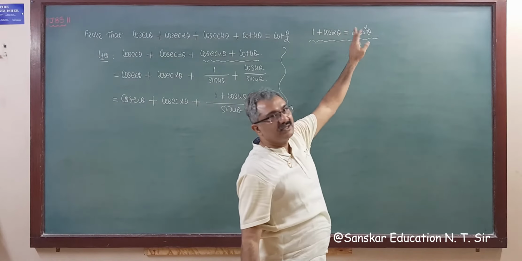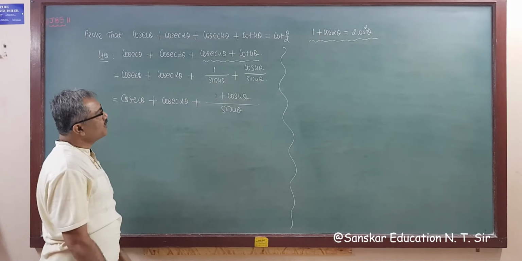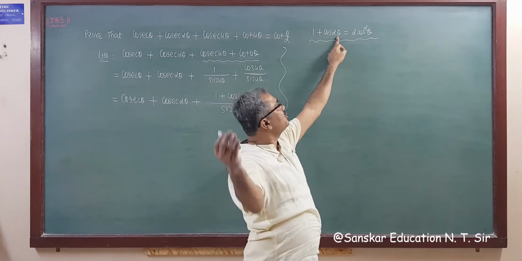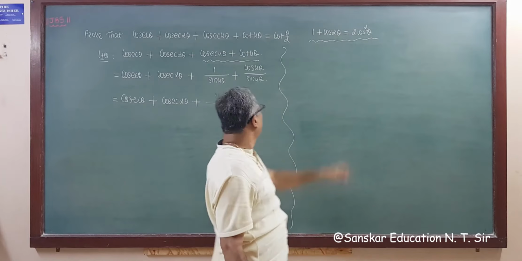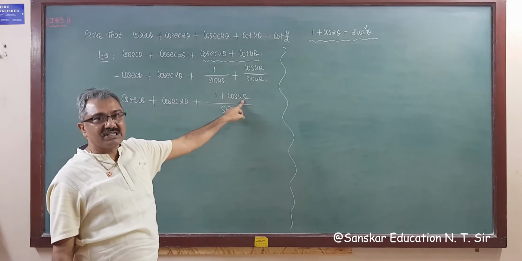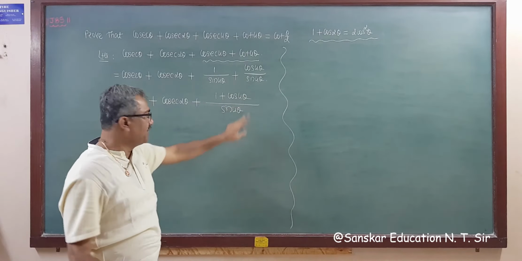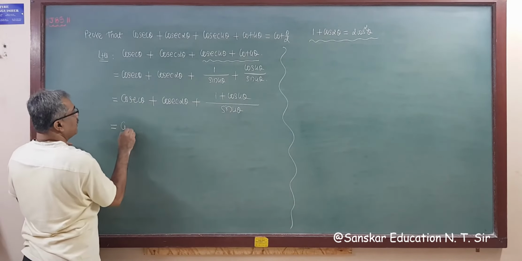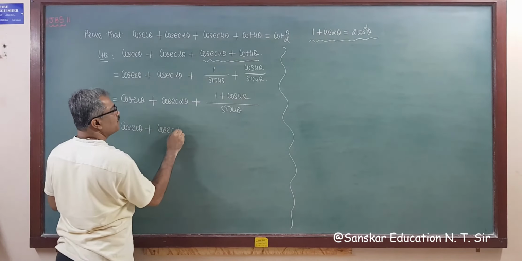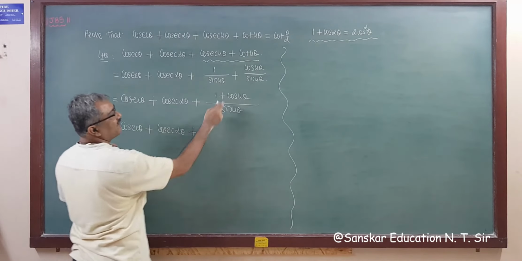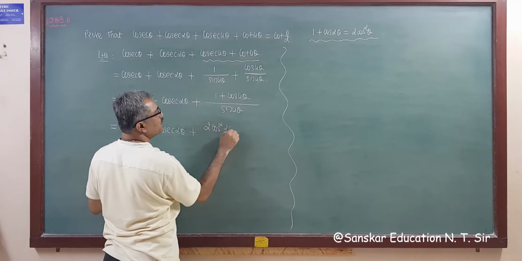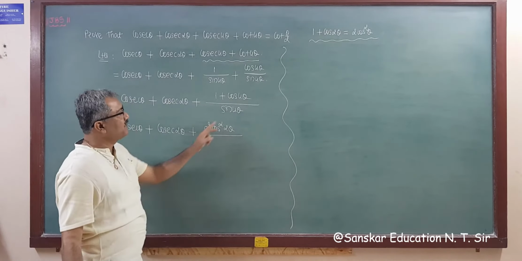So 2 cos square theta is 1 plus cos 2 theta. Means if 1 plus cos 2 theta, then the answer is 2 cos square theta. Means half of this. Here it is 1 plus cos 4 theta, so the answer is 2 cos square half of this, that is 2 theta. So this will be cosec theta plus cosec 2 theta as it is plus 2 cos square 2 theta whole upon sine 4 theta.